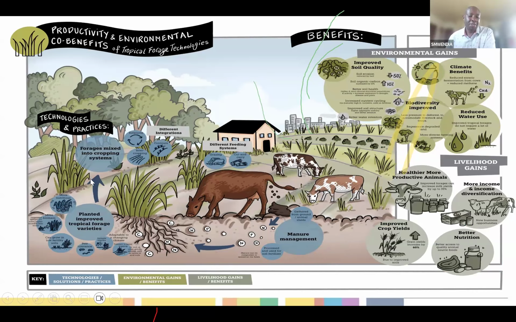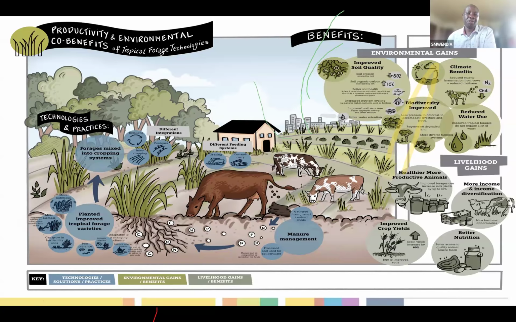And when that is happening, there are also environmental gains. The soil quality will be improved, and there are also benefits for climate change, because if animals are getting better quality feeds, it means for every kilo of meat or liter of milk, you have less methane gas being produced.